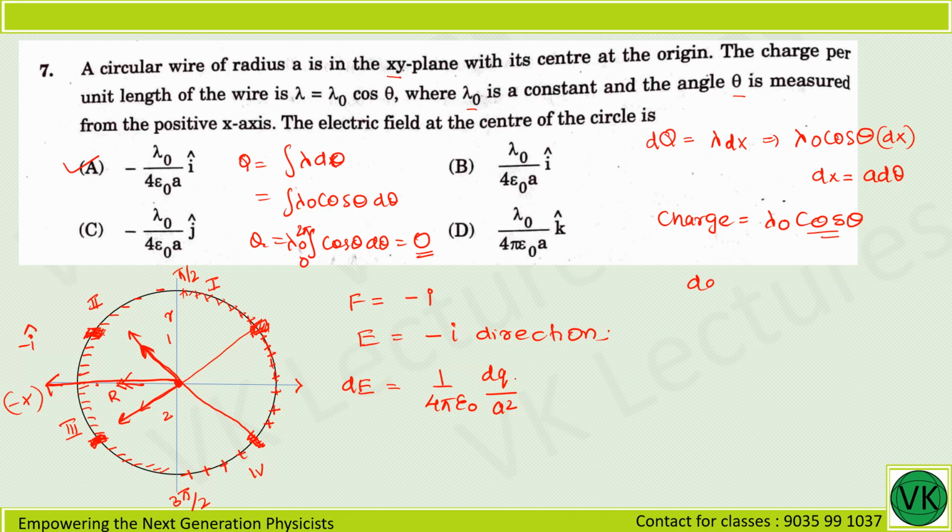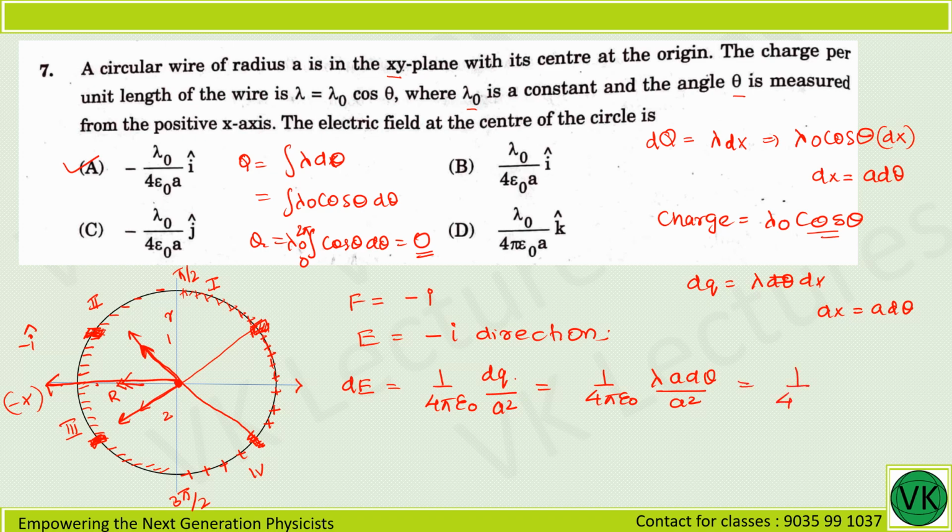So dq is equal to lambda dx, where dx is equal to a d theta, where a is the radius. So that's equal to 1 by 4 pi epsilon naught, lambda a d theta divided by a square. So lambda is lambda naught cos theta.